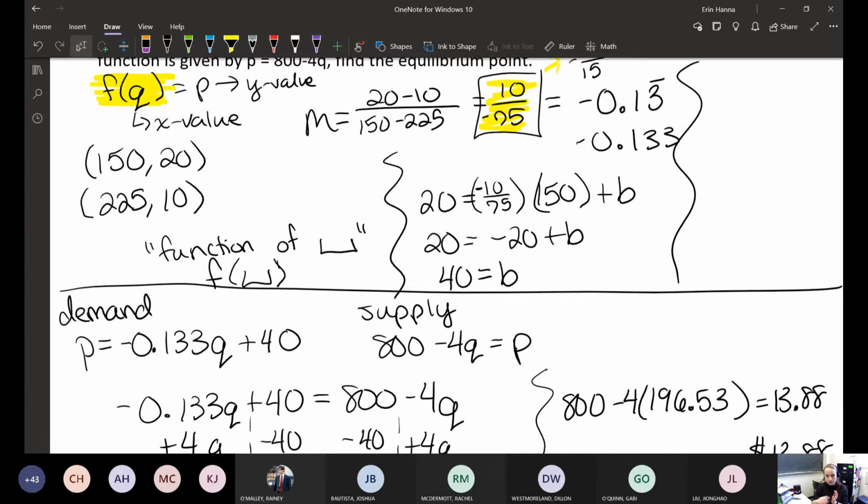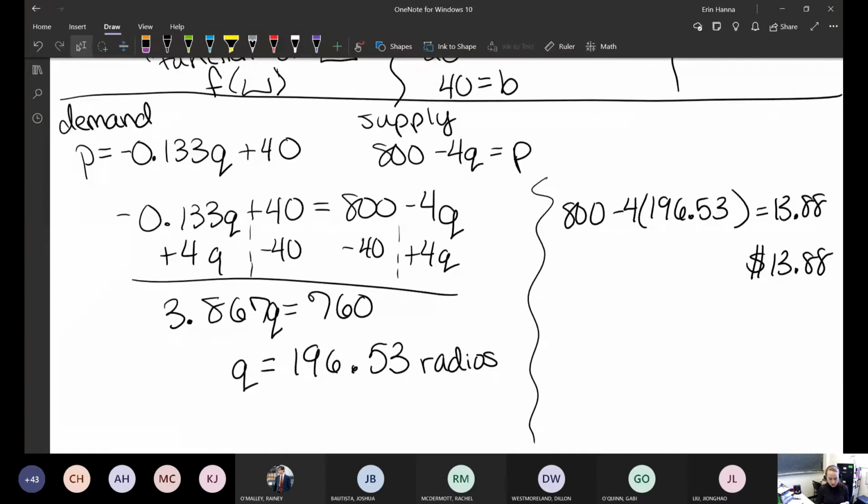But on a quiz or exam, if we use the actual 10 over 75, the 2 over 15, you would have gotten 196.5517, and so on. And then 13.79, and so on.